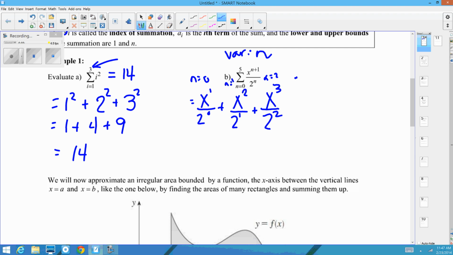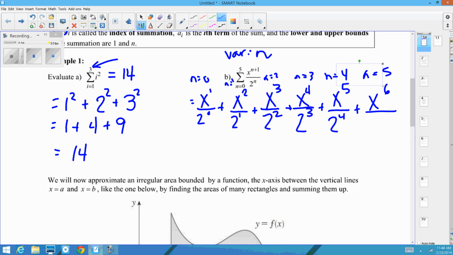And we're going to continue that. n equals 3, n equals 4, n equals 5. We're going to continue that on until we get 5 there. So we have plus x to the 4th over 2 cubed, plus x to the 5th over 2 to the 4th, plus x to the 6th over 2 to the 5th.